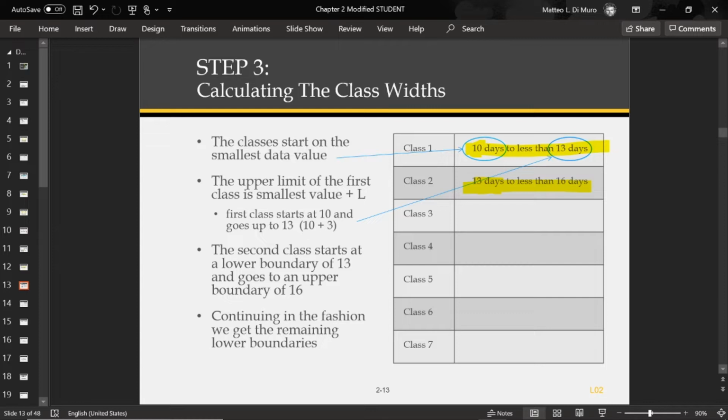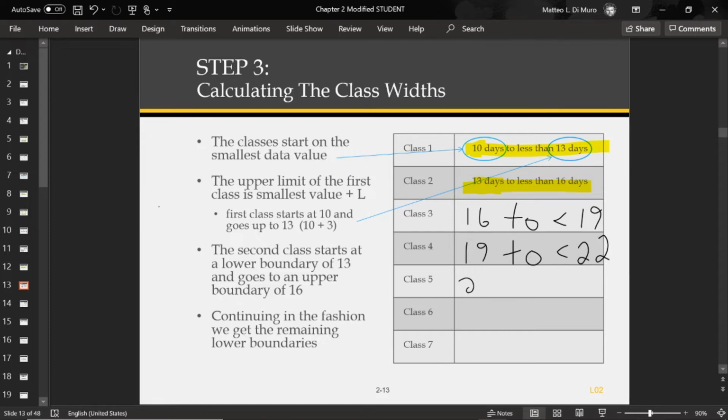less than 16. Take a moment and see if you can fill out the other class lengths. Class 3, for example, is going to start on 16 to less than 19. I'm using the symbol for less than, so hopefully that doesn't confuse anyone. Class 4 starts on 19 and goes to less than 19 plus 3, which is 22.